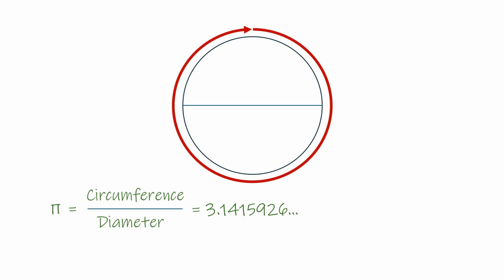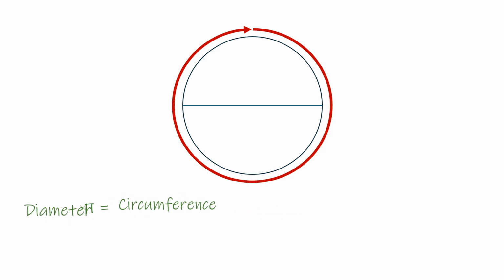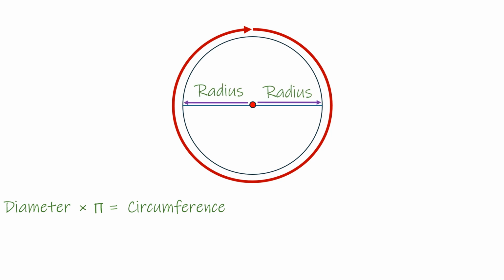And then if you cross multiply the diameter with the pi, it will give you the formula of the circumference, which is diameter times pi. But usually in the given part of a circle, it is half of the diameter, which is what you call the radius.